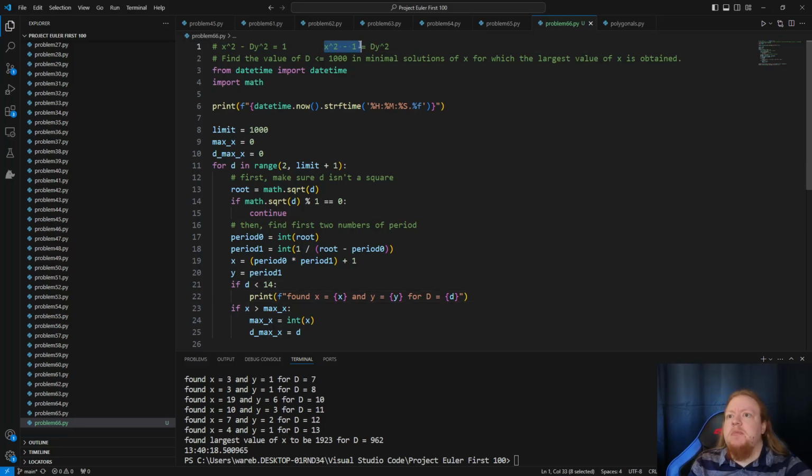Okay, x squared minus 1 has to also be a power of d. Or not a power of d, but d times something.